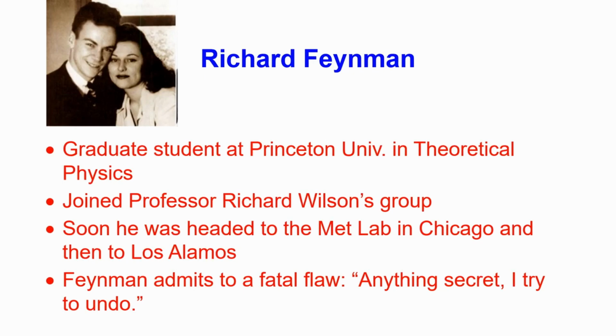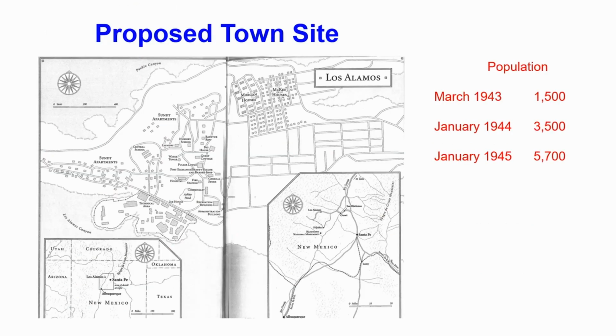Whoops, I missed something. Okay, population. In March of 43, 1,500. January of 44, there was now up to 3,500. And then in January of 45, it was over 5,700 people. So the 6 theoretical physicists and the 12 got multiplied.